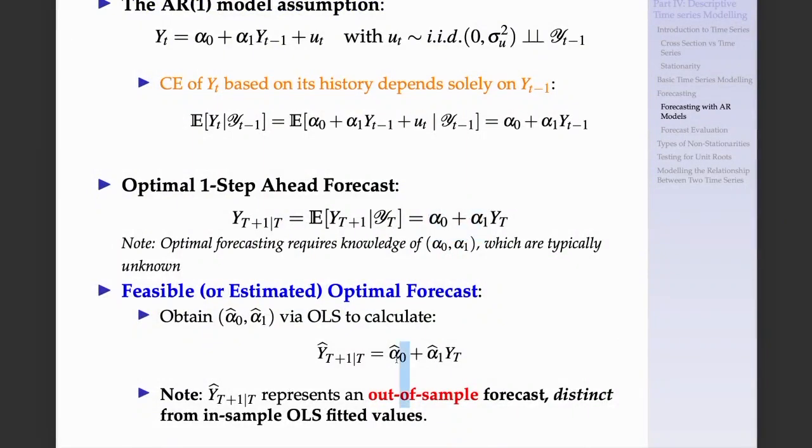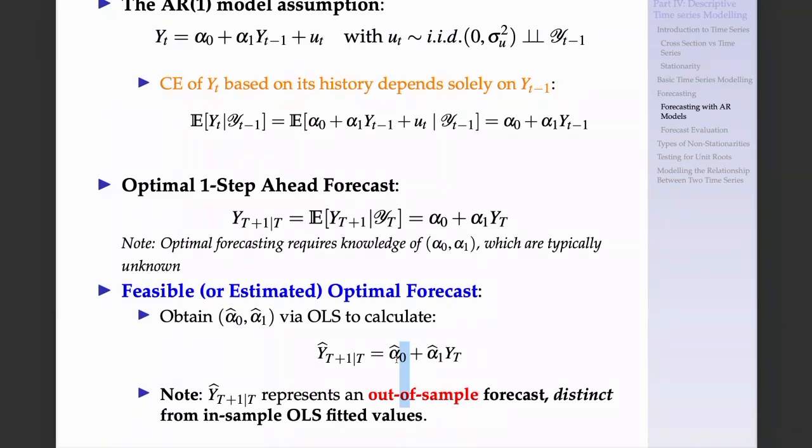Now, one thing you have to be careful about here is that this feasible forecast is not a predicted value, okay? This is an out-of-sample prediction. This is an out-of-sample forecast. It differs from the in-sample predicted value that we've considered in semester 1, okay?